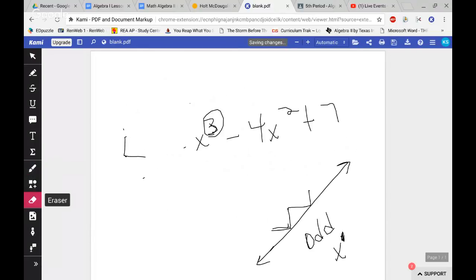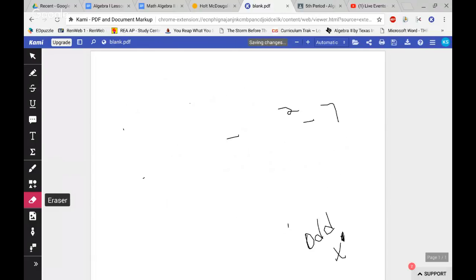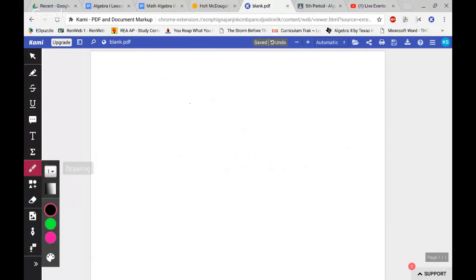Okay. And then your beautiful little quadratic that we focused on in chapter 1 is the parent of your evened ones, because our sweet little parabolas were squares. Remember those?